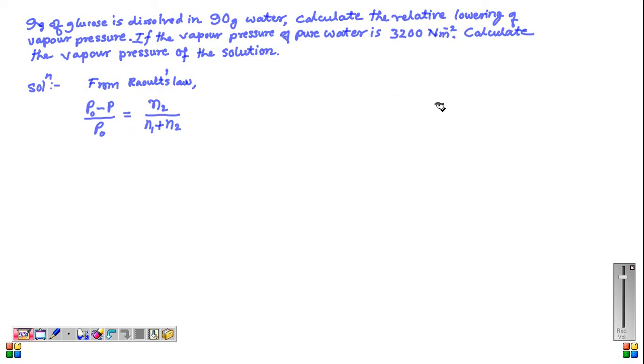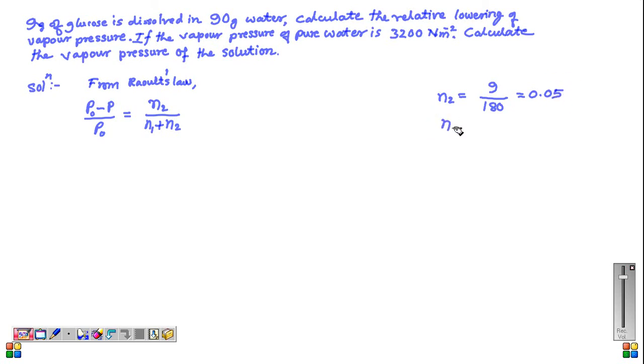Number of moles of solute N2 is equal to, here the solute is glucose, 9 gram divided by molecular mass of glucose. We just add all the atomic weights. Formula of glucose is C6H12O6. Molecular mass comes out to be 180. 9 upon 180 is 0.05.